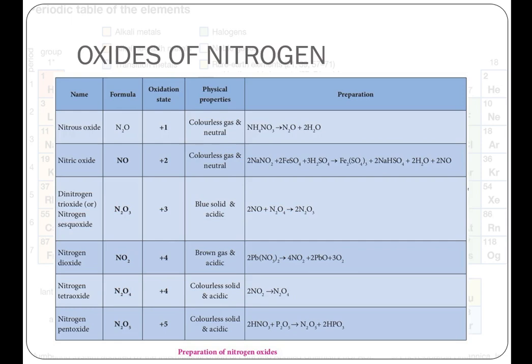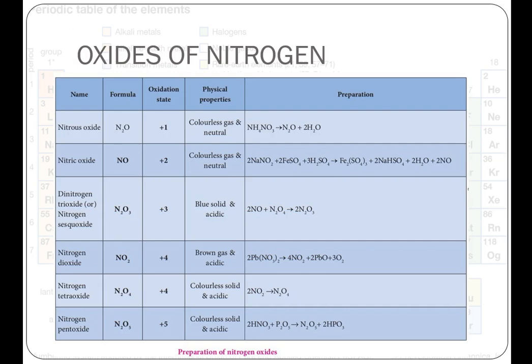Oxides of nitrogen. Nitrogen forms a number of oxides in different oxidation states. You can see the names, formula, preparation and physical properties of these oxides in this table. First we have nitrous oxide, N2O, with oxidation state +1.